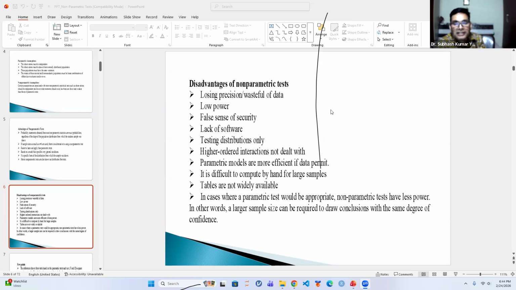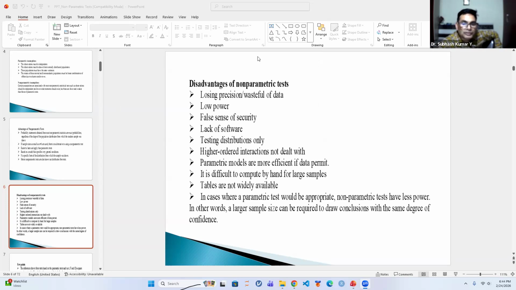But nowadays there is software that calculates the distribution values of the non-parametric tests under consideration. Tables are also available. In cases where a parametric test would be appropriate, non-parametric tests have less power, definitely. If data permits, parametric tests are always better than non-parametric tests.